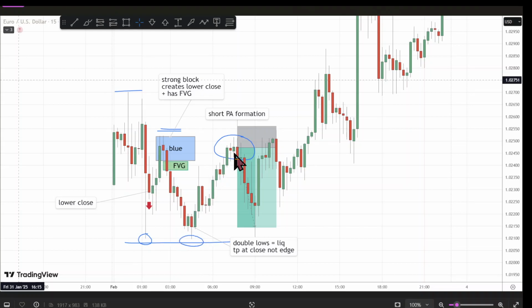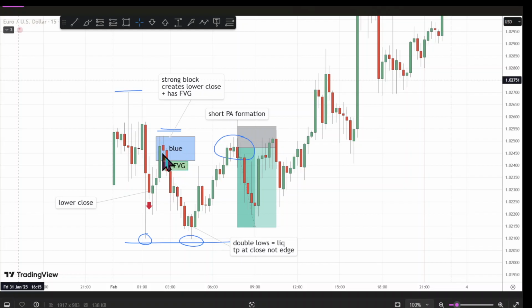Now, if the power is down, we have power from here. Here we have a lower closing price, not a lower price, but a lower closing price. This is the close price, this is the close price, and this is lower than this. This is where we were. Here's a gap showing us power, FVG.